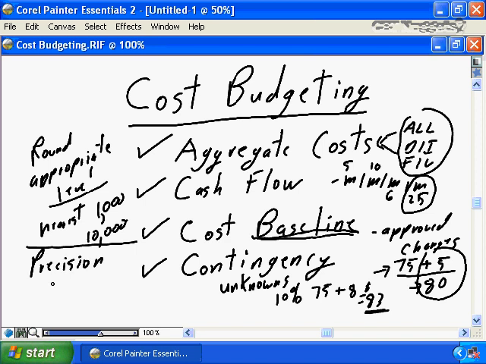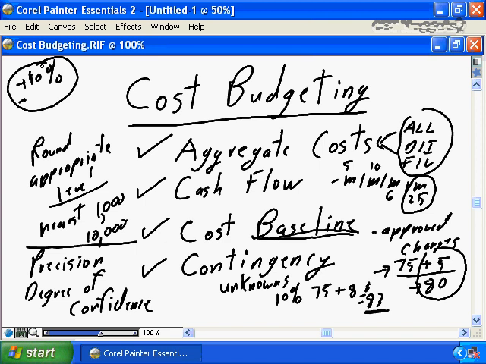Or another way to state it is your degree of confidence. Do I believe my budget is plus or minus 10%, i.e. this is a very detailed, focused budget?